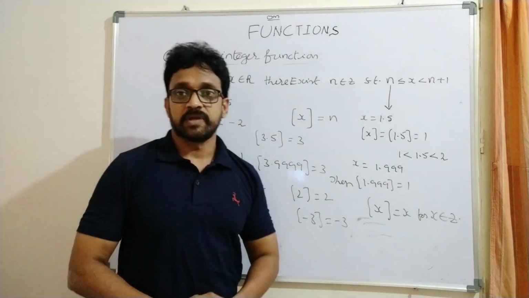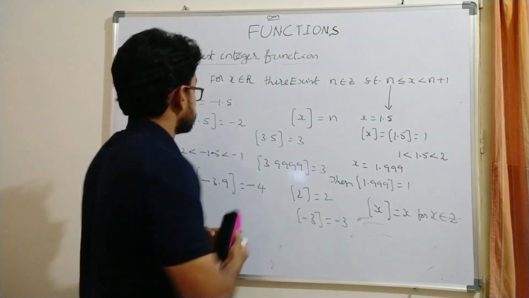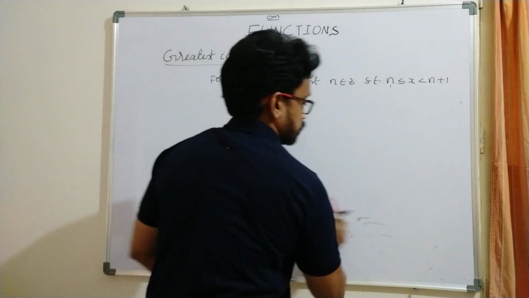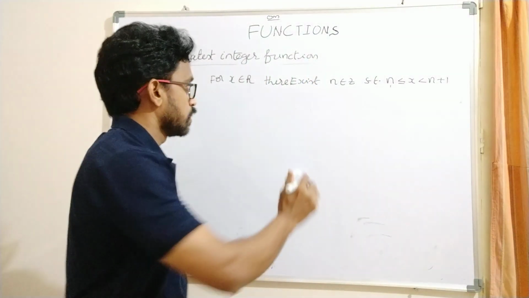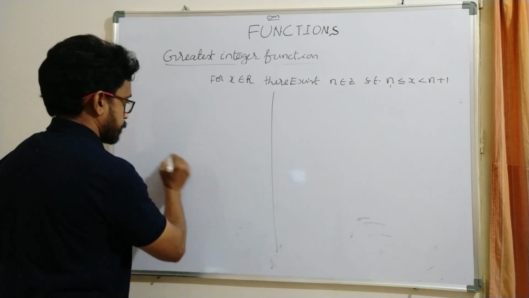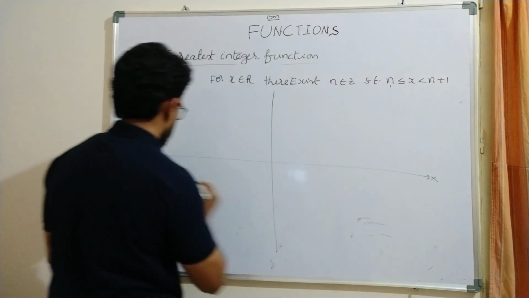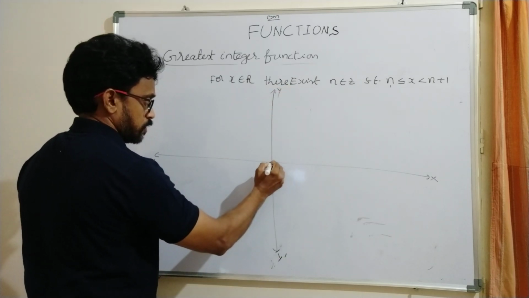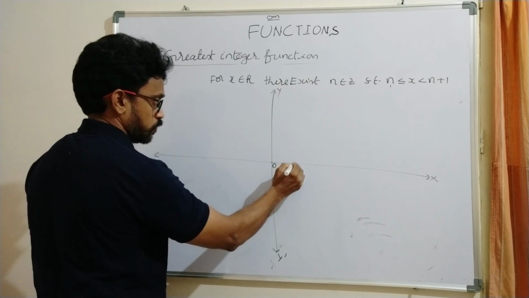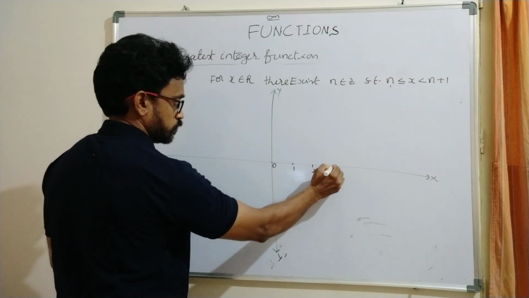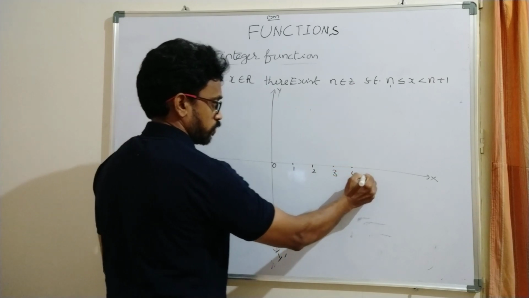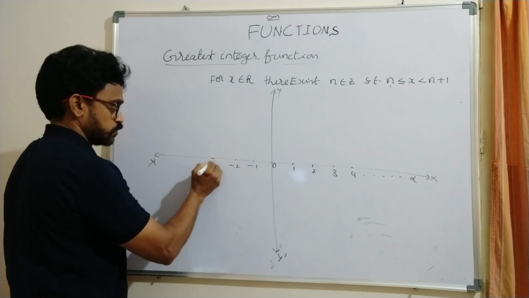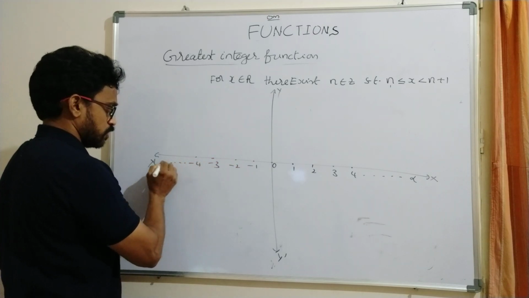Now through the graph I will explain. Observe. I will take points 0, 1, 2, 3, 4 and so on up to infinity, and minus 1, minus 2, minus 3, minus 4 and so on, up to minus infinity.